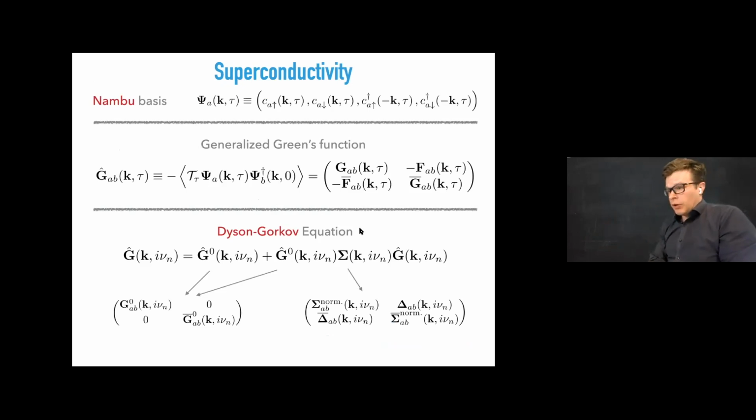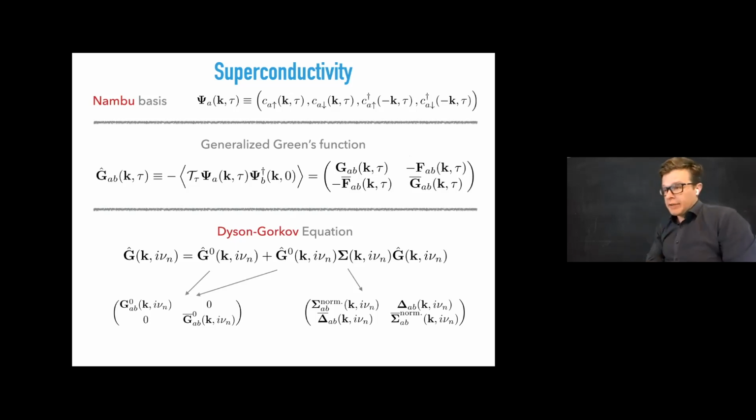Now, I will not talk about the derivations a lot, but I have to clarify nomenclature, because there can be a lot of confusion when I talk about gap functions and so on. So superconductivity, I formulate in the Nambu basis. In the basis of this Nambu spinor here, I can formulate the generalized Green's function, which has the normal particle and the normal hole propagators on the diagonal and the anomalous superconducting propagators on the off diagonal.